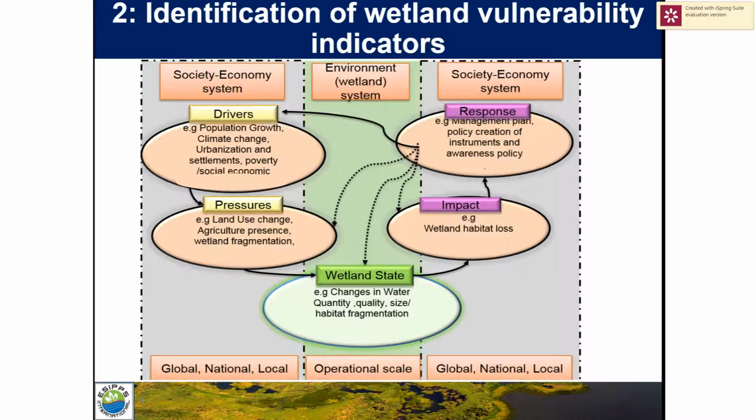So, as you can see, the drivers look at population growth, urbanization or settlements or built up areas and so forth, poverty, and climate change. The pressures are the land use changes, the agriculture and so forth. The states look at the water quantity, quality, the sizes of the wetland and habitat fragmentation. And then the impact looks at the wetland loss.